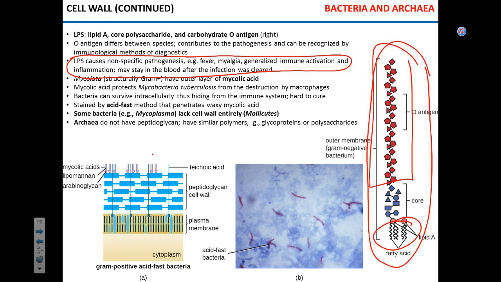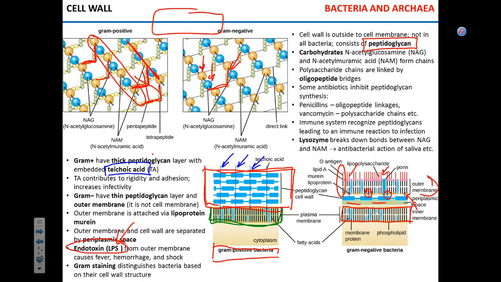Now, before we move on, quick recap. Gram-positives: membrane and thick peptidoglycan cell wall, 2 layers. And in the peptidoglycan cell wall, only gram-positives have teichoic acid, which contributes to infectivity. For gram-negatives, 3 layers: plasma membrane, thin cell wall, outer membrane.